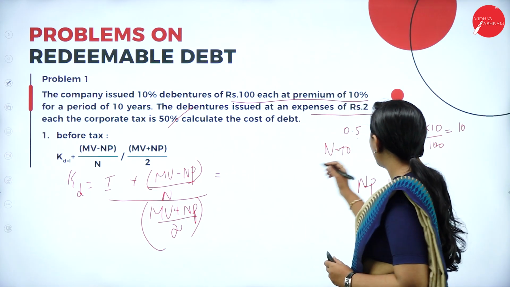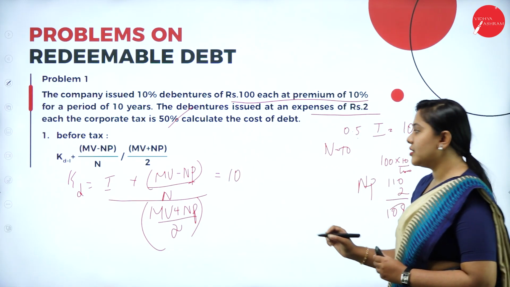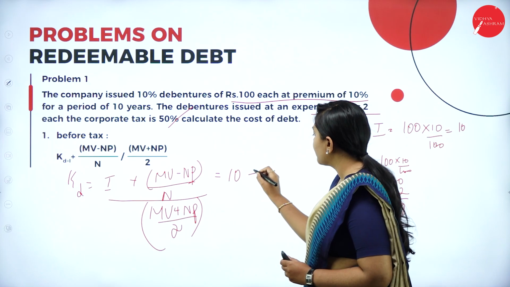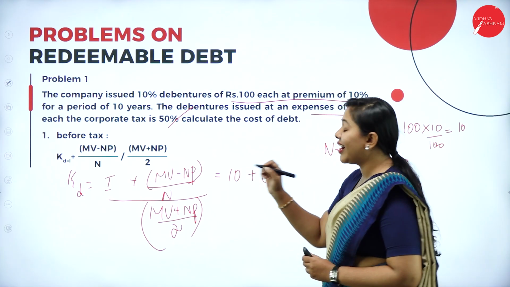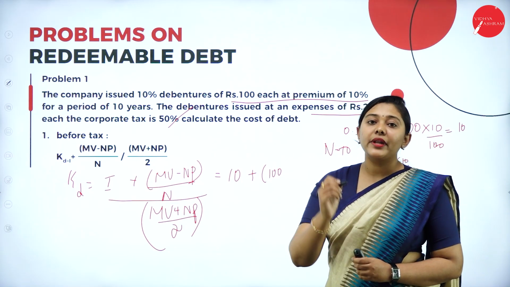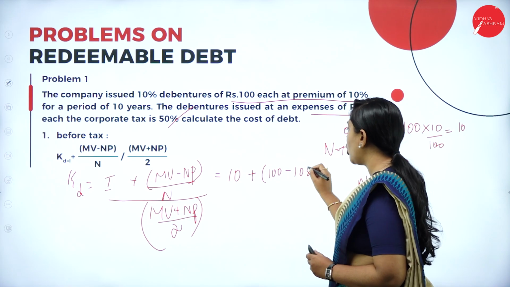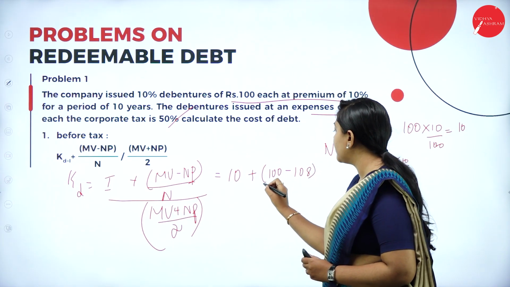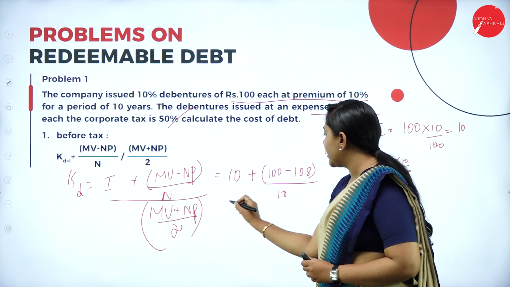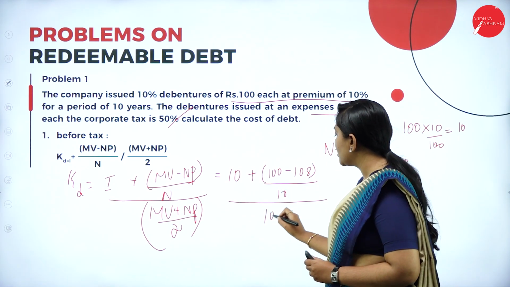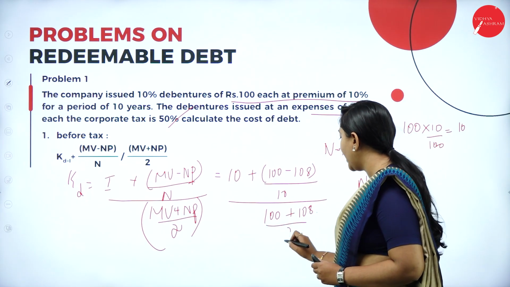Interest is 10, plus maturity value, 100 is the maturity value because it is redeemed at par, minus net proceeds 108 rupees, divided by number of years, 10, whole divided by maturity value plus NP divided by 2.